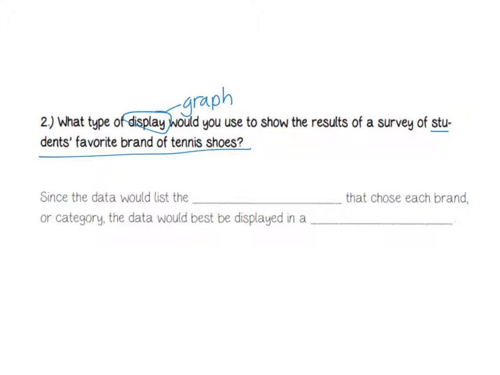A way you can answer that is to say, since the data would list the number of students that chose each brand or category, the data would best be displayed in a bar graph. If you look at the definition, a bar graph shows the number of items in a specific category. So say they had 5 different brands of shoes. You could easily see which one was the preferred one among the students.